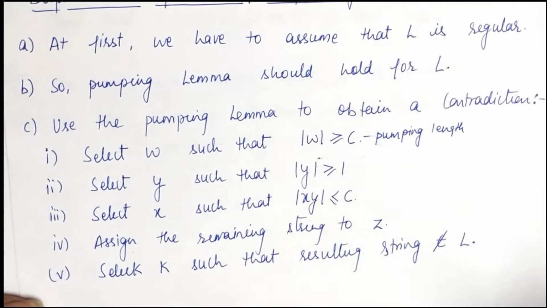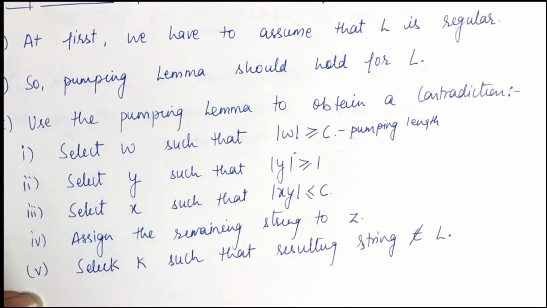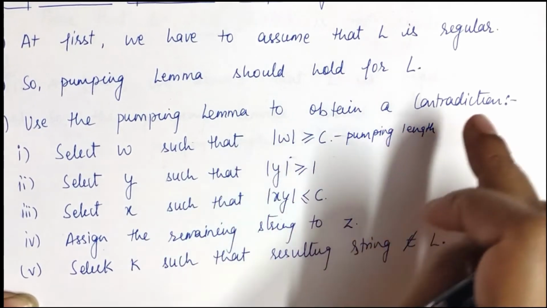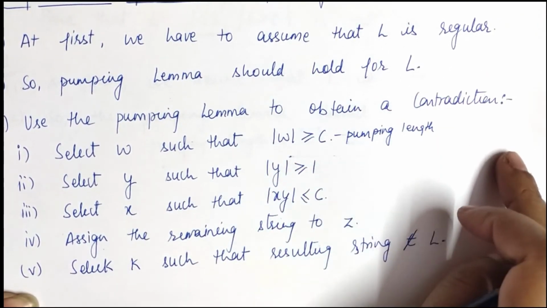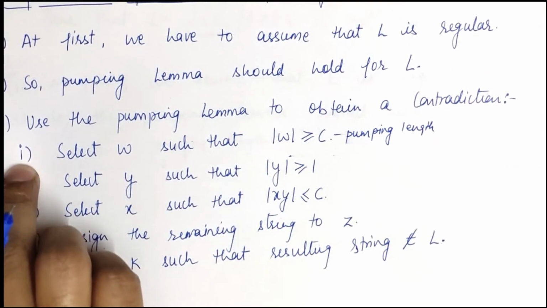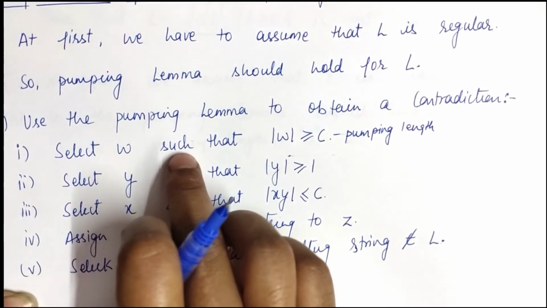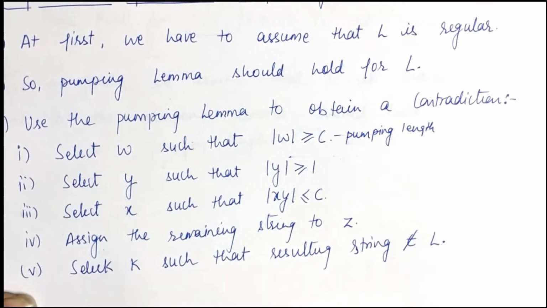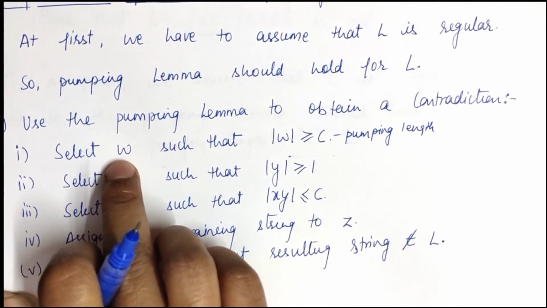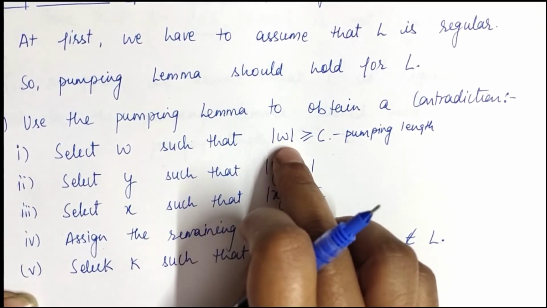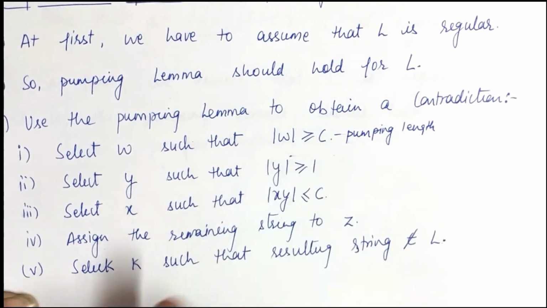Now, for using the pumping lemma, we take a contradiction statement, in which the first part is that we have to select W. What is W? W is a string. We have to select a W such that the length of W is greater than or equal to this pumping length.